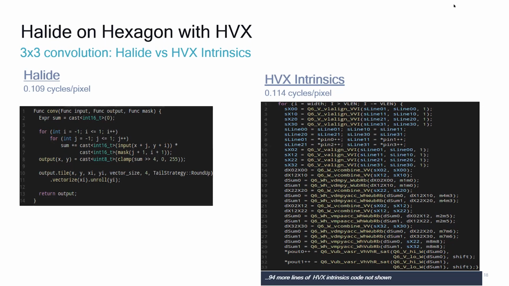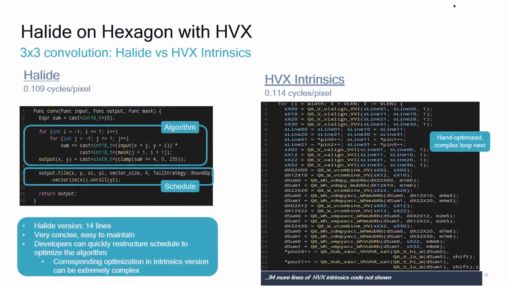If a new instruction comes in, or you want to try out different parameters and measure the performance, the iteration is not fast, the code is not portable, the code is not maintainable.